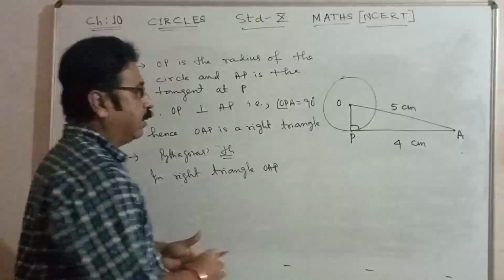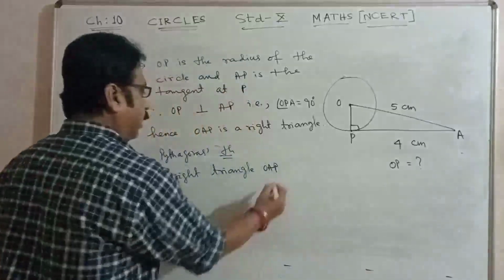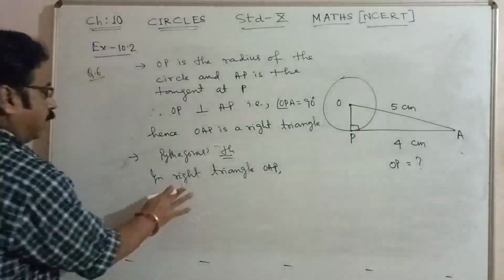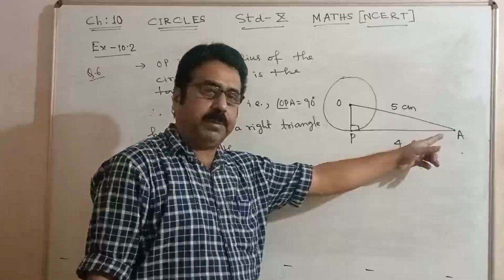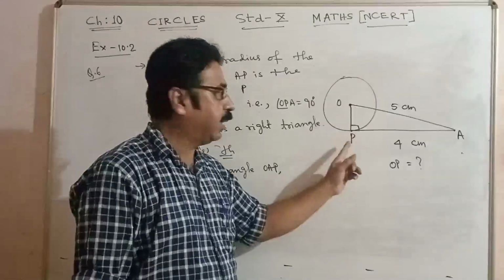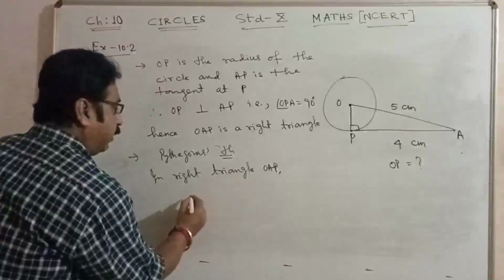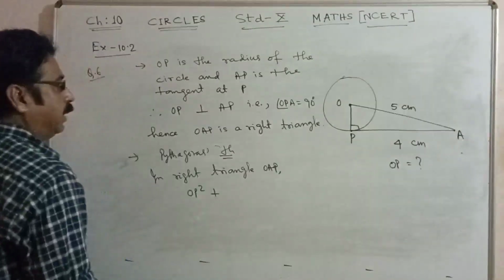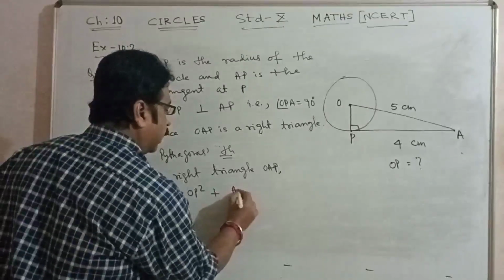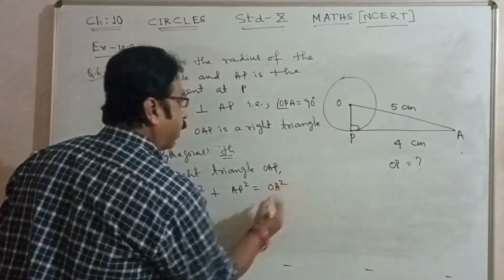We have to find OP is how much. If it is 90 degree, OA is the hypotenuse, any one is perpendicular, another one is base. In right triangle OAP, you can write OP square plus AP square equals to OA square.